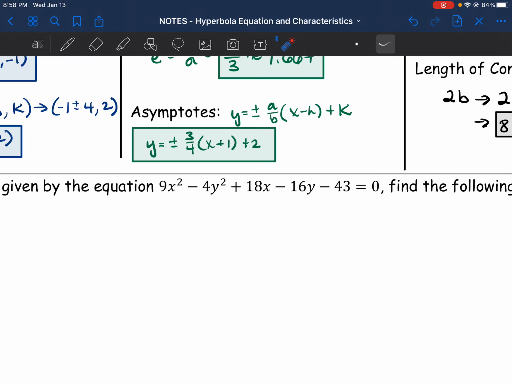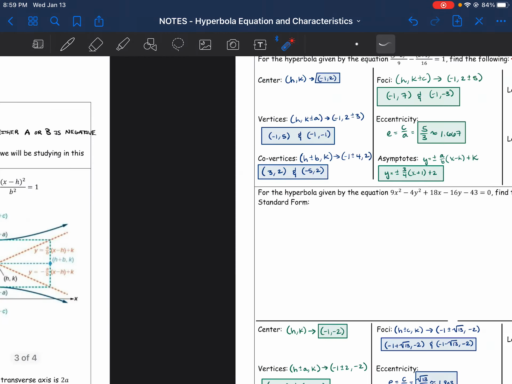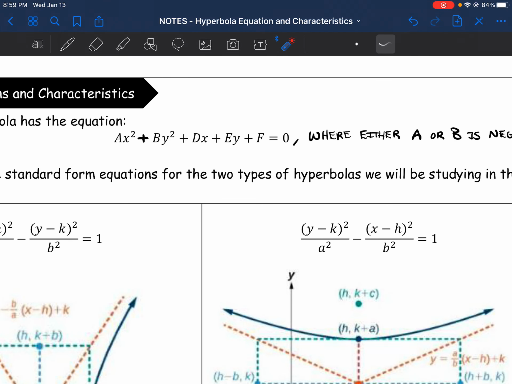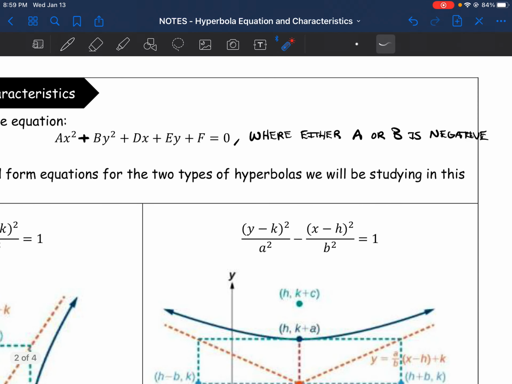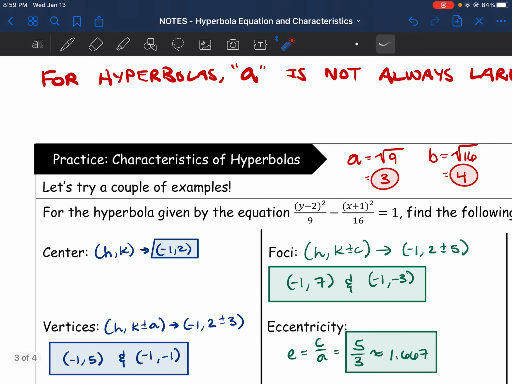Once again, remember, if I was just looking at this and asked you, just from the equation itself, how do I know it's a hyperbola? Remember from earlier, we said that it's a hyperbola if either a or b, which are the coefficients of x squared and y squared, is negative.